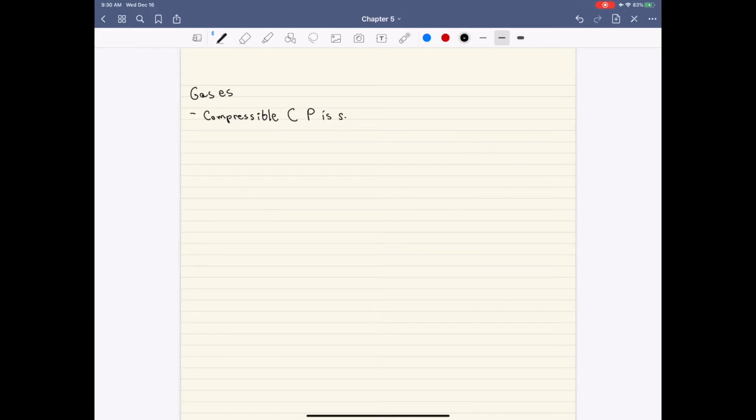Or, in other words, the pressure is sensitive to the volume of the system. And also vice versa. We could say the volume of the system will be affected by the pressure of the system. Okay? And so, to relate pressure to volume, equations of state are typically used.